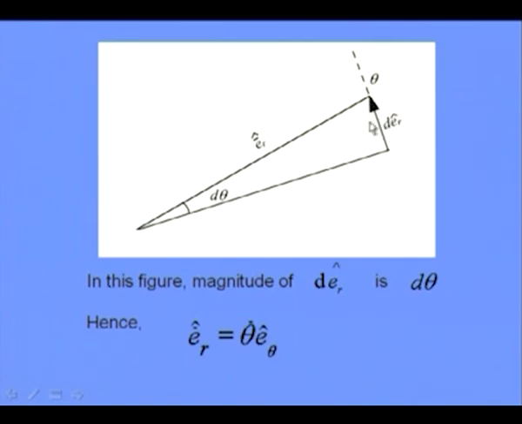So in this figure, the magnitude of der is nothing but d theta, because these are unit vectors, so unit length times d theta. Hence, if we take the derivative, der by dt will be d theta by dt, that is theta dot, and the direction is along the theta direction.